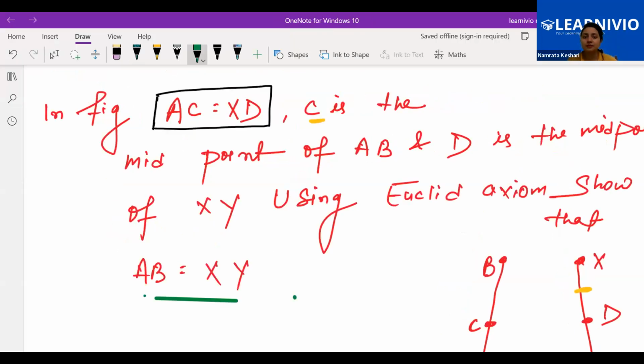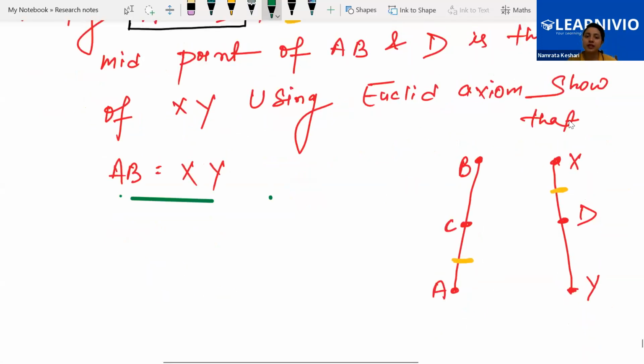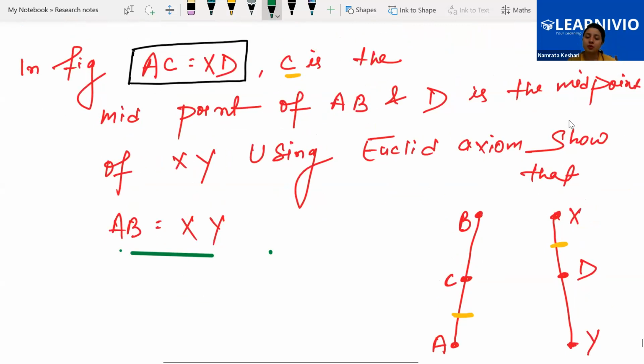Yes. Then AB upon 2 is equal to XY upon 2. And AB is equal to XY.